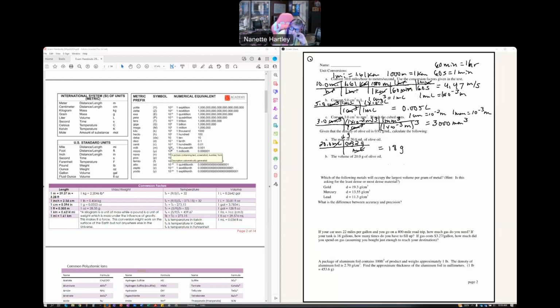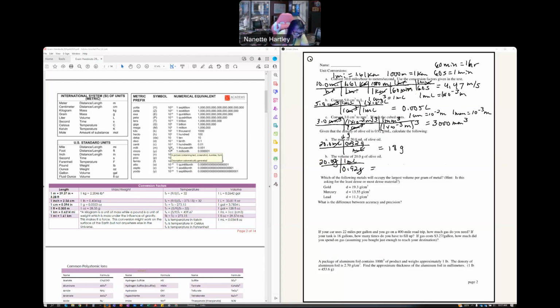Okay. Now, if I want to do the volume of 20 grams, I start with the 20.0 grams. And I know I'm going to use that same conversion factor. The question becomes, how am I going to use it? Well, I multiplied by it last time, so I'm probably going to divide this time. And I am, 0.92 grams in 1 milliliter. And the grams cancel.